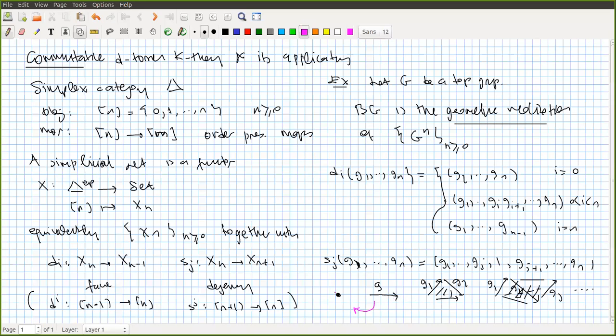So you just start from a point, you glue these two endpoints to this point, and at this stage you obtain a bouquet of circles. And then in the next stage, you glue these triangles by identifying the labels with the corresponding circles. So the third edge here is always determined to be the product, g_1 times g_2. And so on. You just continue this gluing process, which is determined by these face and degeneracy maps.